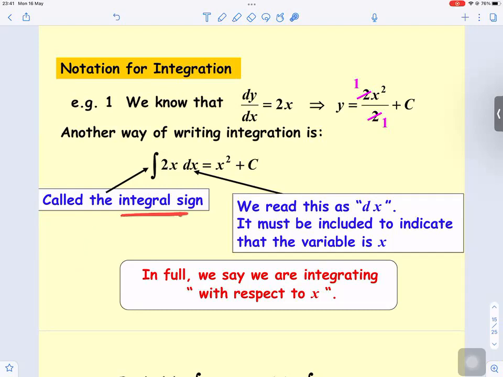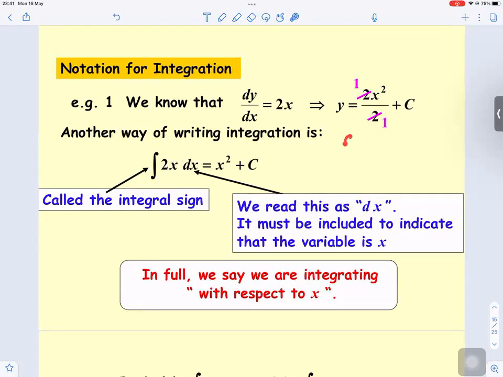The integral sign. So when we put that sign, it means integrate with respect to x. And the dx, we read this d and x, we say dx. It must be included to indicate that the variable is x.